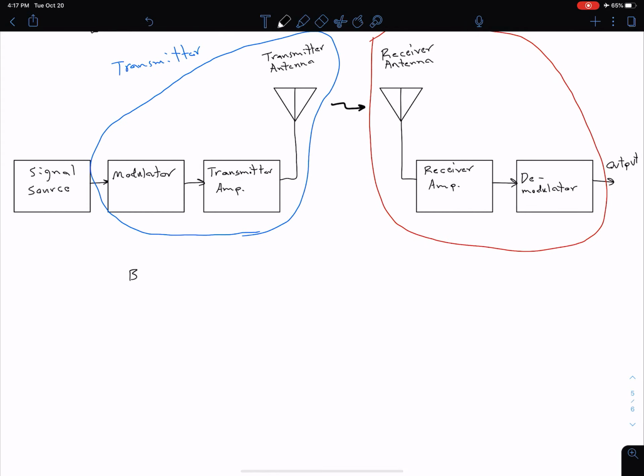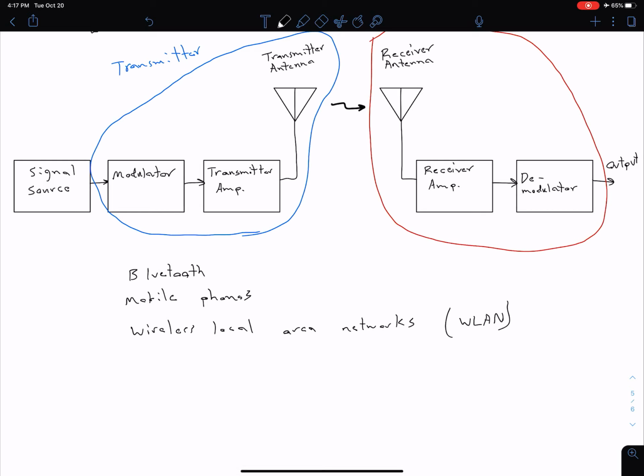These include things such as Bluetooth, mobile phones, wireless local area networks, or WLAN, so our wireless networks, also radio, TV, and satellite links, so things such as GPS.